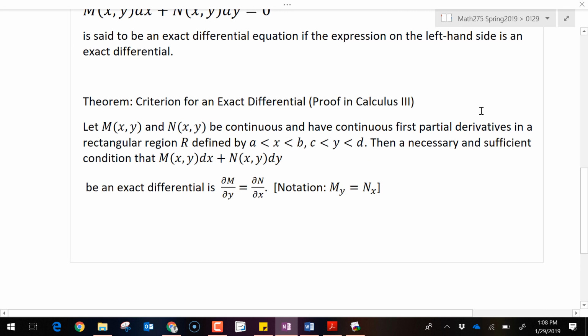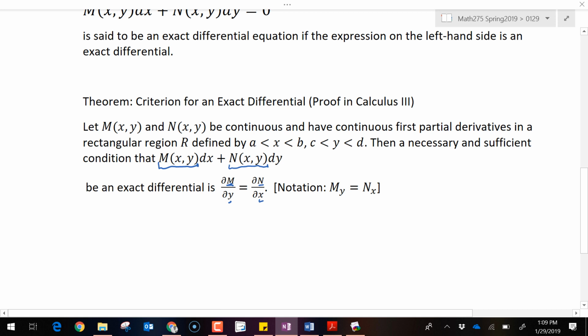So what they're saying is that you want to take the derivative of the function next to the dx with respect to y. And then you want to take the function that's next to the dy, take the derivative of that function next to the dy with respect to x.